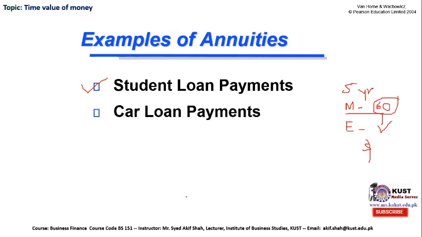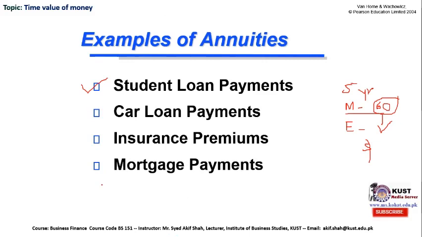The other examples of annuity could be a car loan payment, insurance premiums, mortgage payments, and retirement saving.